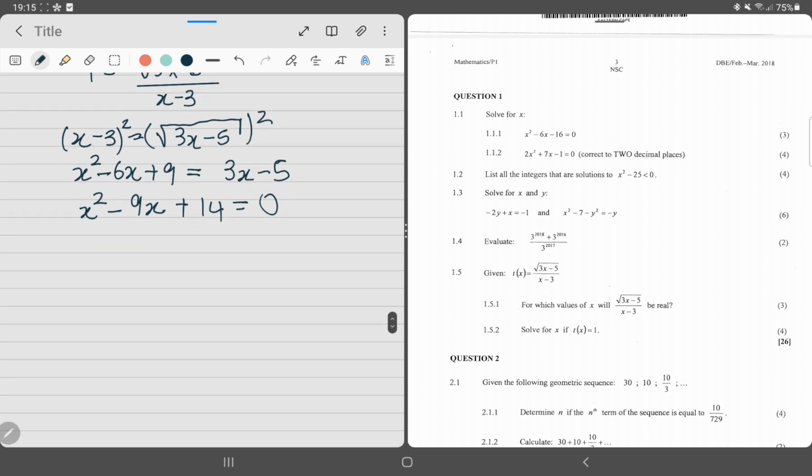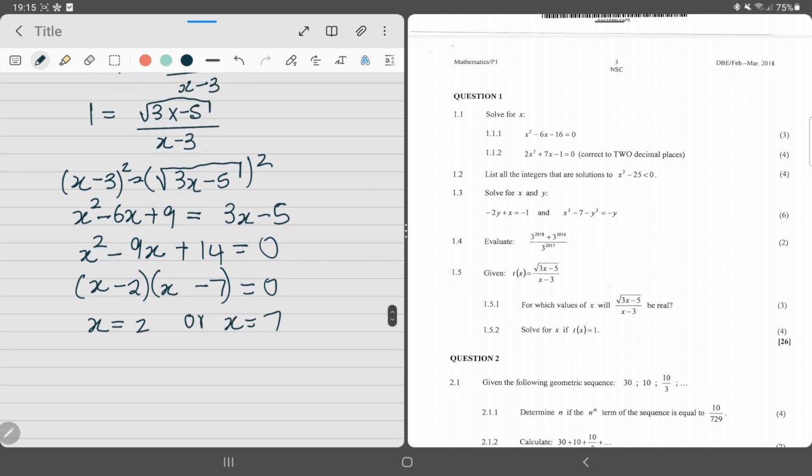So the factors of 14 that give me a 9 should be 7 and 2. So this is (x, 7) and (x, 2). So I have a negative there and a positive there, which means both of them must be negative. So x should be equal to 2, or x should be equal to 7.